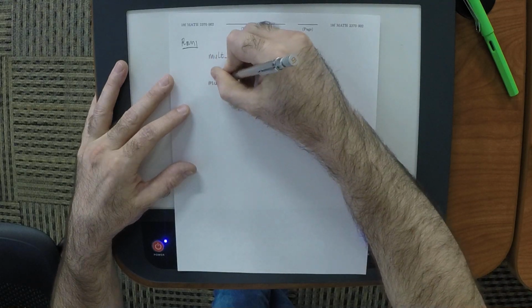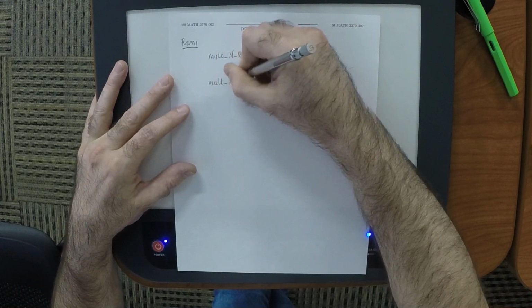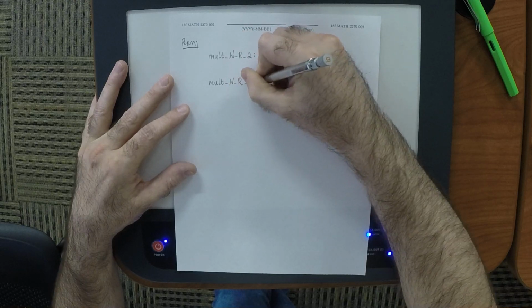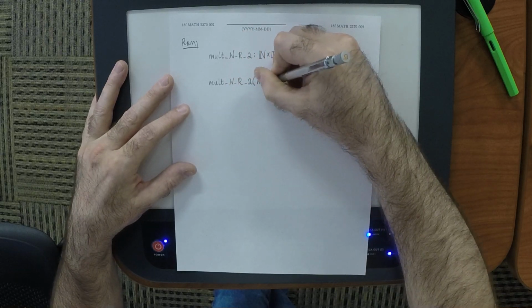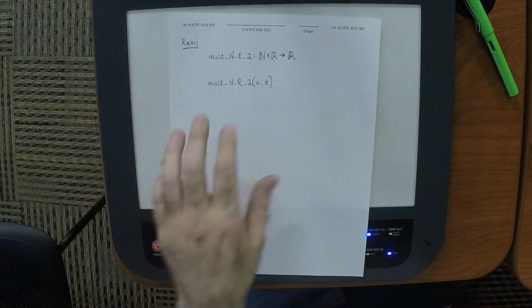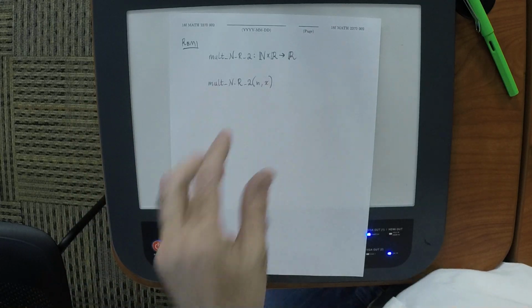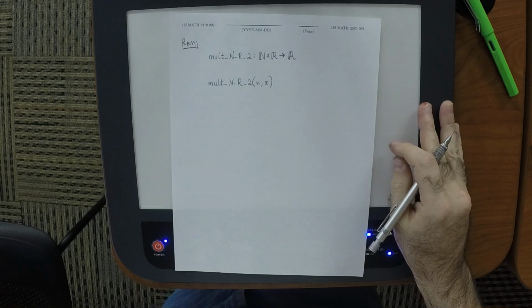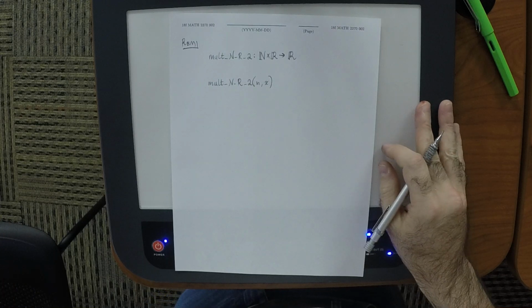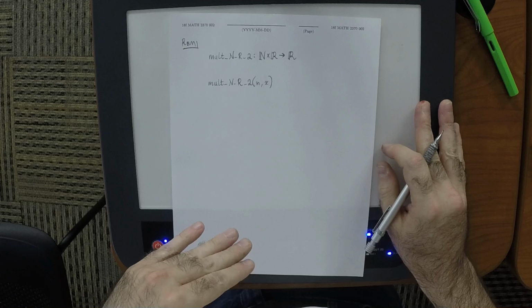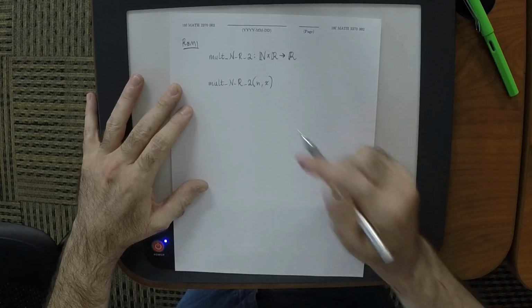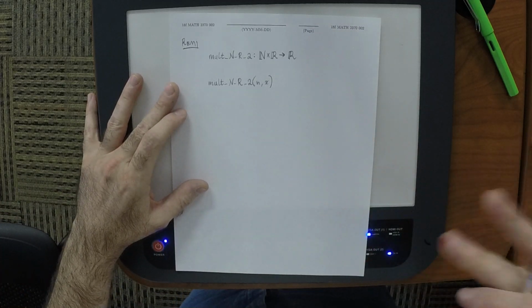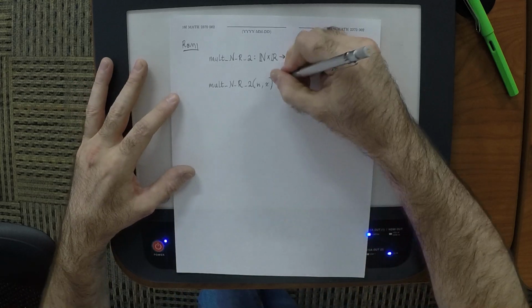So mult in R2, evaluated at n and x. Now, this one is not going to be the memoizing version of mult in R. It's not going to have its auxiliary pair. At least not on this page. We might have an exercise where you have to do it.